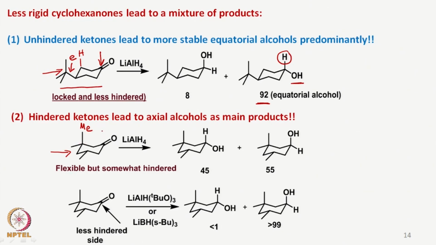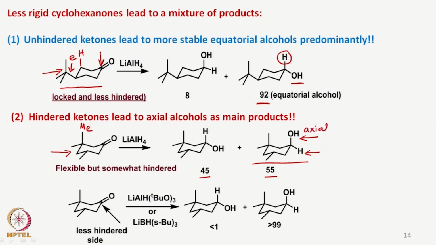So if this is reduced, as you can see, the major product is the one that is between the two, it is 45-55, but even then it is slightly more than the equatorial alcohol. So you can see that the preference of reduction occurs from the equatorial side, so that we get axial alcohol.